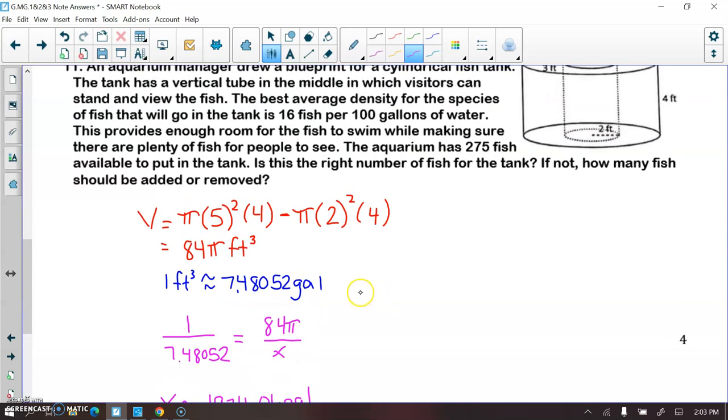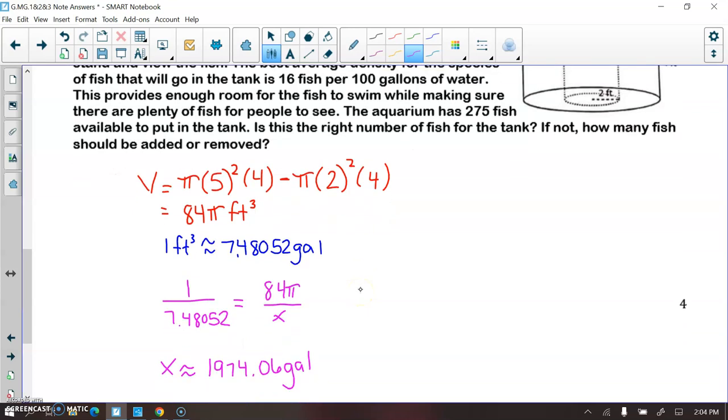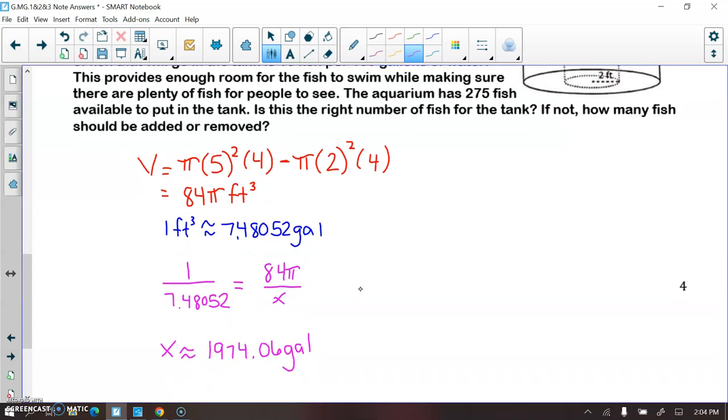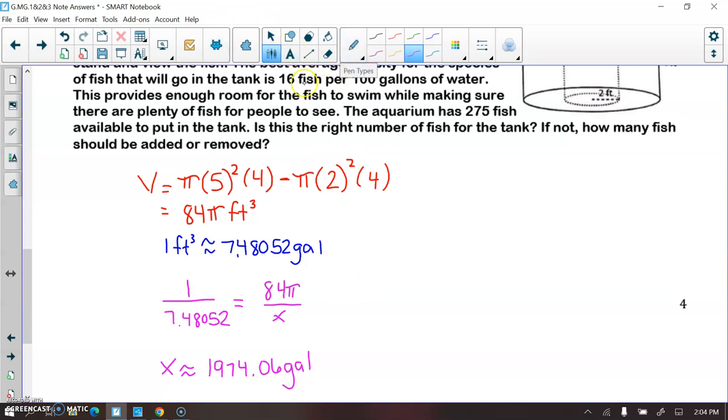So now we need to see what the safe amount of fish for this aquarium would be. So the safe amount would be 16 fish per 100 gallons of water. We're trying to figure out how many fish per 1,974.06 gallons of water.